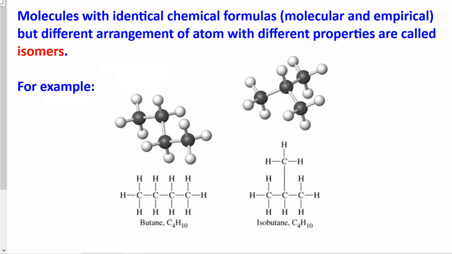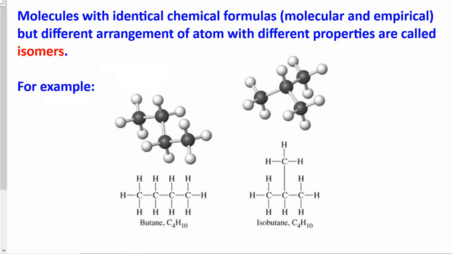Let's move on to isomers. Molecules with identical chemical formula, such as molecular or empirical formula, but different arrangement of atoms with different properties are called isomers. For example, if you look at butane, you have 4 carbon and 10 hydrogens.